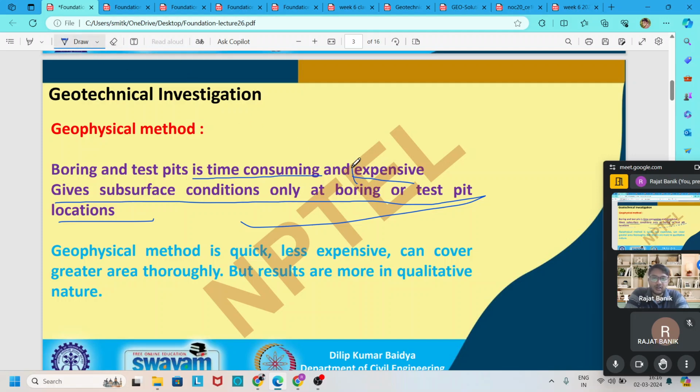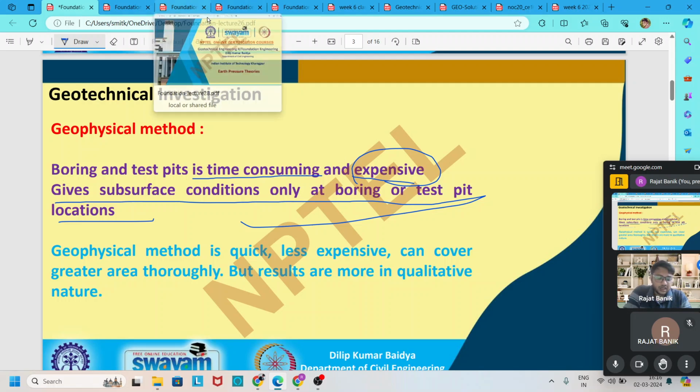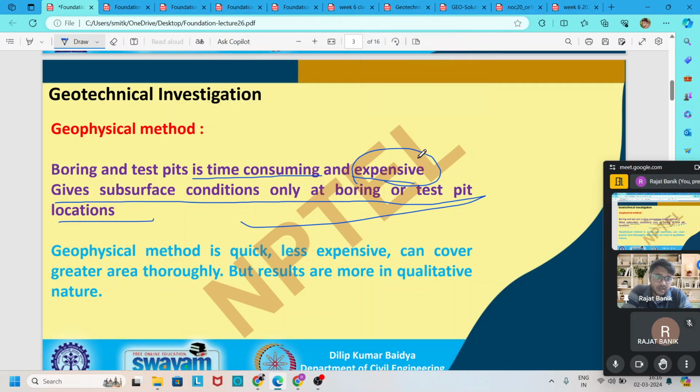It is also very expensive because in this test we use expensive labor, experts or skilled or unskilled laborers. So it is a little bit expensive and only gives the subsurface condition at this location only.